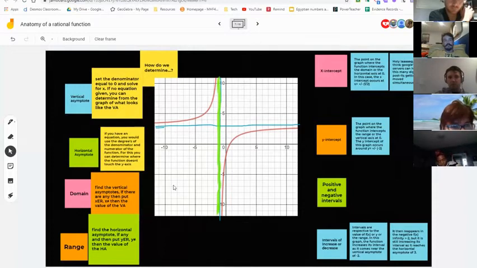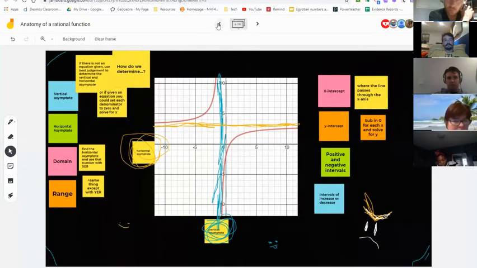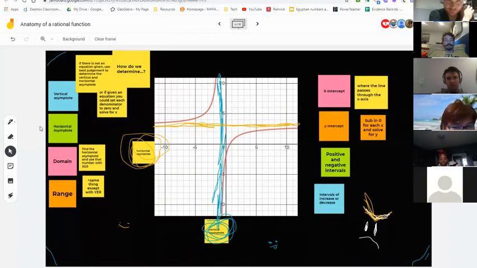Good. All right. So now let's talk about the horizontal asymptote. I'm going to go to group 6 and let's see what they said for the horizontal asymptote. Would you like to tell us about it, please? I like the drawings, by the way. We said that basically if we didn't have an equation, you could just use your judgment.